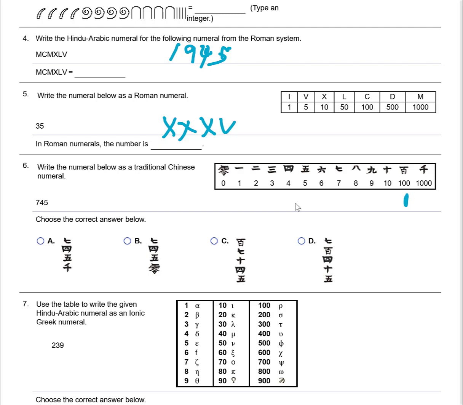We take them 2 at a time starting at the top, and this one looks to be the only one that could be correct. Starting at the top and moving down, I've got a 7 over the symbol for 100, which is 700, and then the symbol for 4 over the symbol for 10, that gives me the 40, and then I see a symbol for 5, so the correct answer here is D.